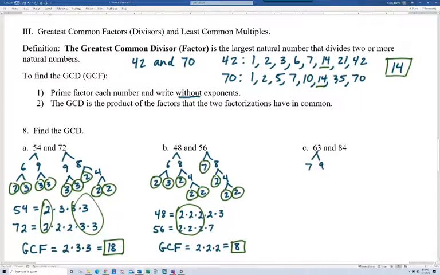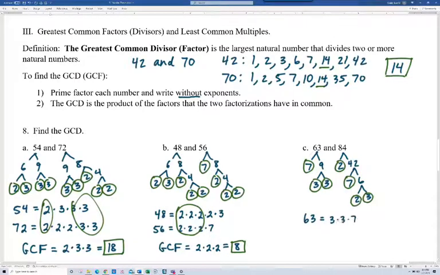All right, on letter C here, 7 times 9 is 63. The 7 is prime. We can factor 9 into 3 times 3, which are both prime. Let's see, 84 can be written as 2 times 42, and 2 is prime. The 42 can be written as 7 times 6, and 7 is prime. And 6 is 2 times 3.